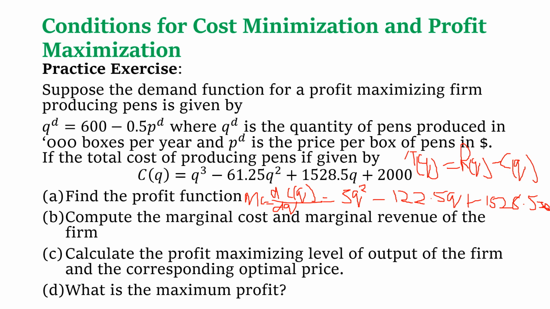Now you have the direct demand function. You need to find the maximum price now. How do you get that?